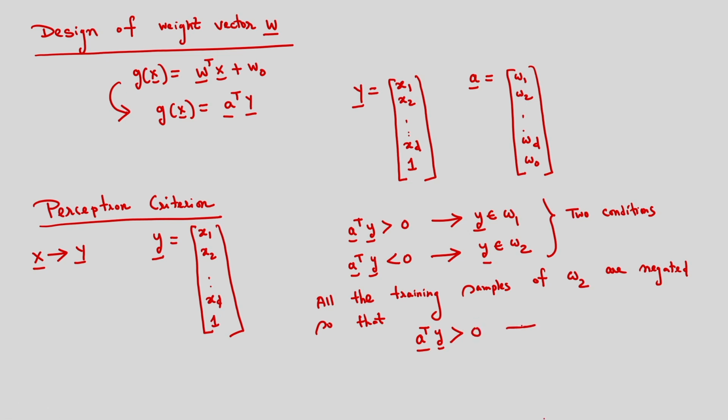So, one condition I am getting, that is only one criterion, and based on this condition I can do the classification.